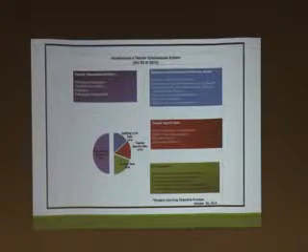But basically, this is the pie chart for the teacher effectiveness system. The teacher observation and practice is 50% of the final evaluation.